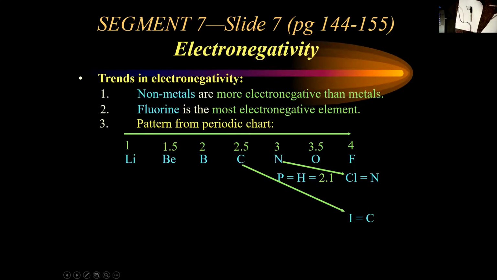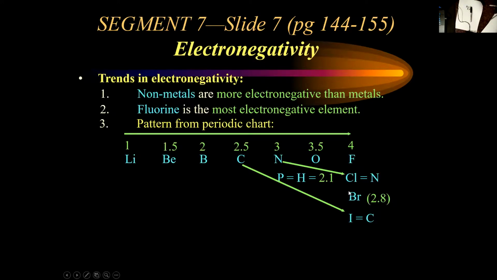While I might not memorize iodine, if I remember they're the same, like chlorine and nitrogen, phosphorus and hydrogen are the same, then I know the value for chlorine and for iodine. I can get bromine because if this is a 3 and this is a 2.5, this is between the two. If you average 2.5 and 3, you come out about 2.8. That is the correct value for bromine.